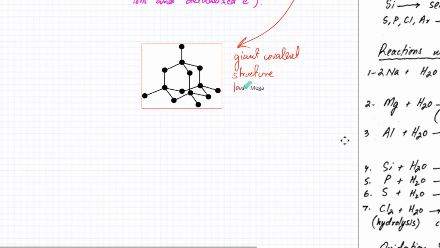There's a large network of very strong bonds that need to be broken. So same thing as diamond. That requires a lot of energy, so the melting point is really high.